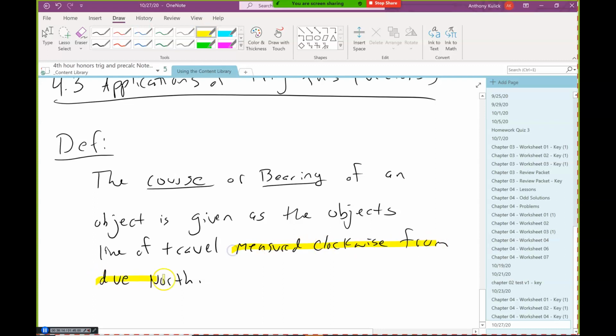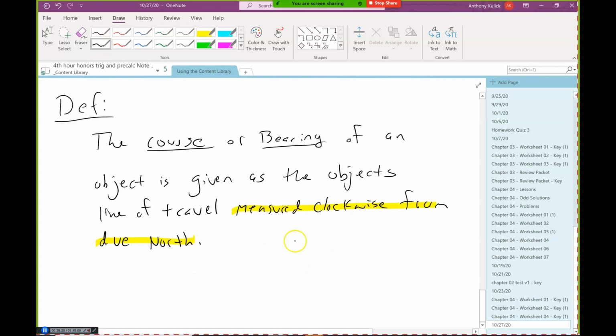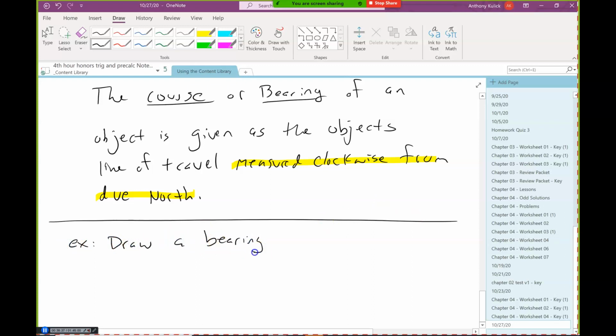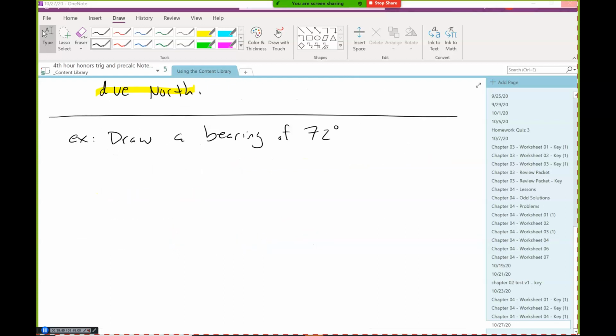By drawing the XY axis, and I'm going to label this like I would the compass rose. Everybody's okay with that idea?